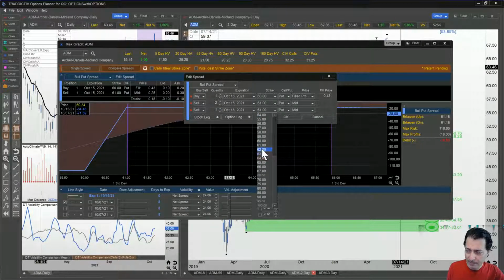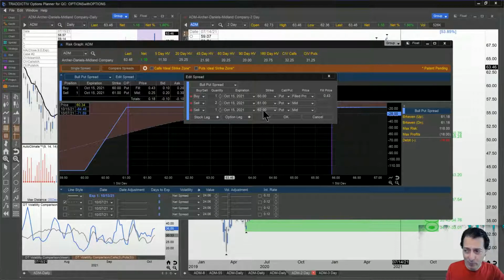Again, given that the expiration date is very close, we may not get enough premium to justify this trade, but it's always worth analyzing it. Keep the 60 where you had it, sell 2 of the 61, buy the 62. I got this wrong. Buy the 62. And by doing that, you will see a triangle-shaped risk graph as I click OK. 1, 2, 3.